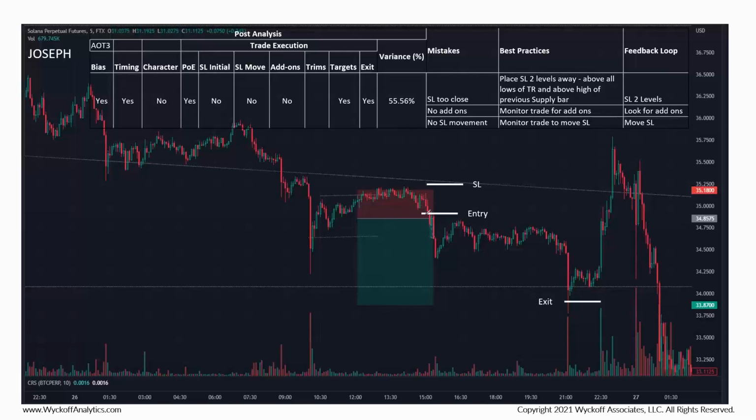I think the point of entry is pretty good. You could make an argument that you could make it a little earlier, but it doesn't really matter.